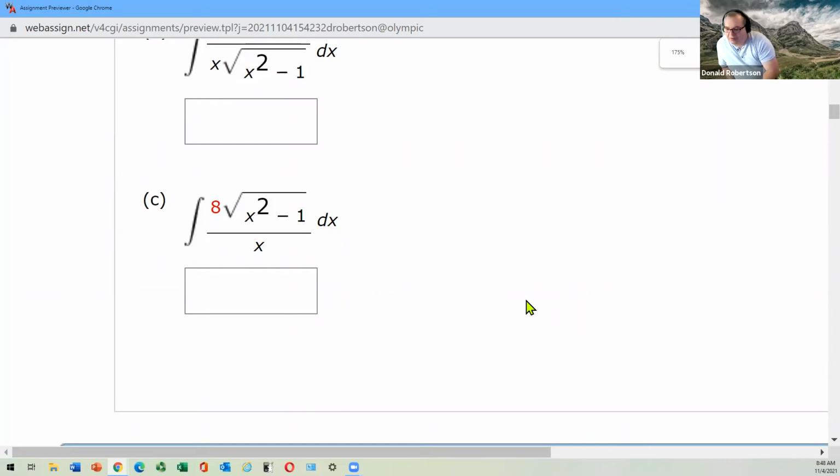What about that one? Ah, that's got you. What about that one? Isn't a U sub under the square root? So you'd use what? X squared minus 1, I'm suspecting.